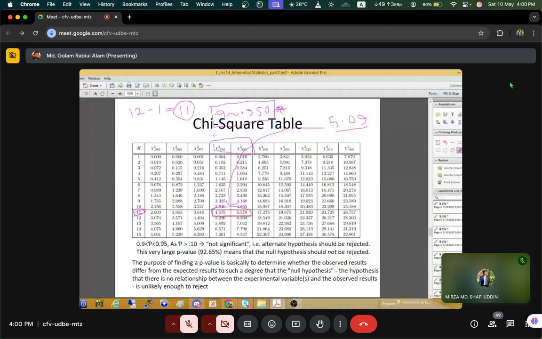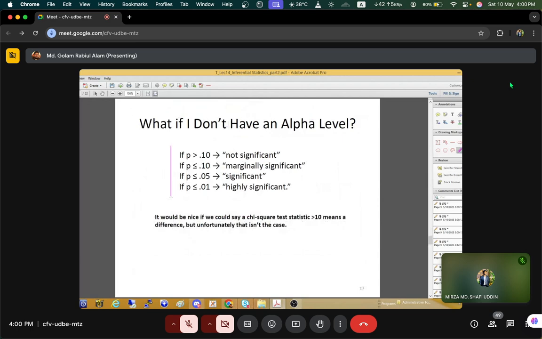But is a p value greater than 0.9 significant or not? If the p value is greater than 0.1, it is not significant. In our case, p value is greater than 0.9.